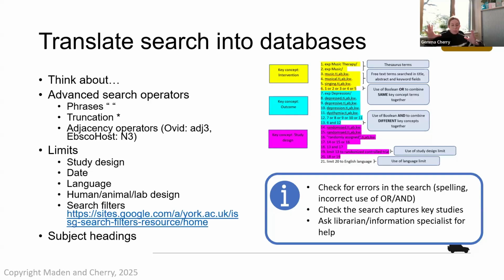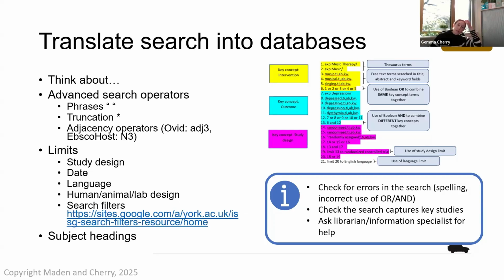If you think of a database as being a large repository of information, each database will have a specific focus. Something like Medline has a very medical focus. PsycInfo is much more psychology and health and social care focused. So there's overlap between databases and commonality, but a lot of databases also have their own specific language.